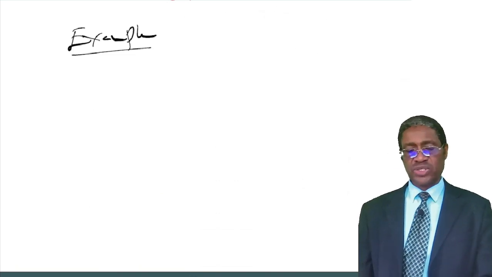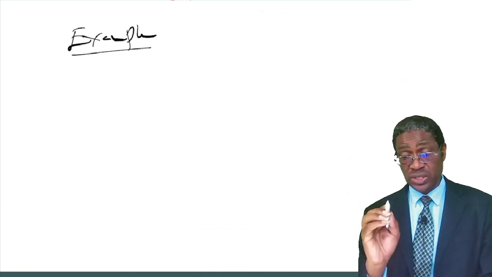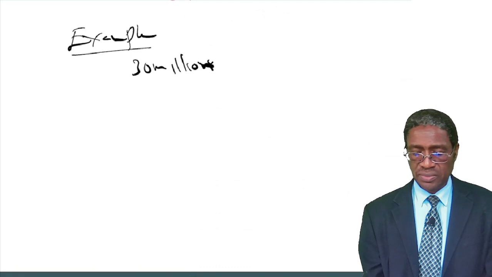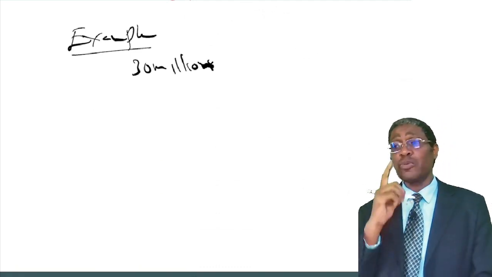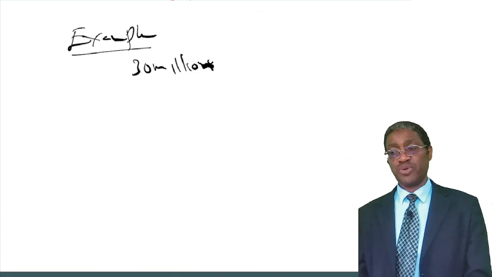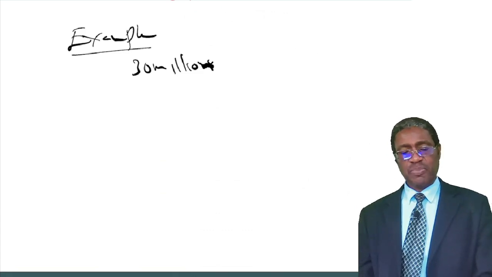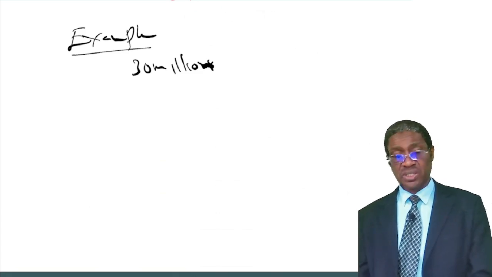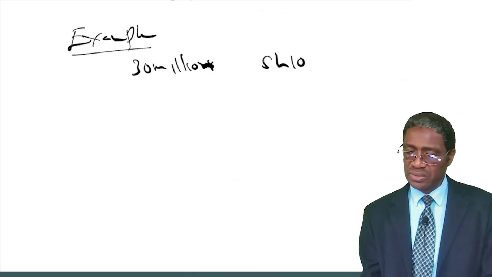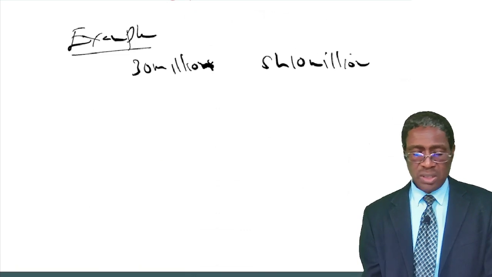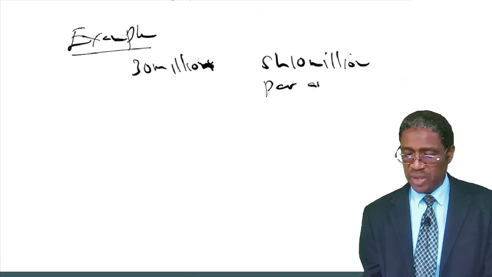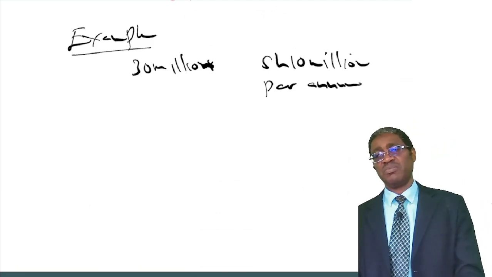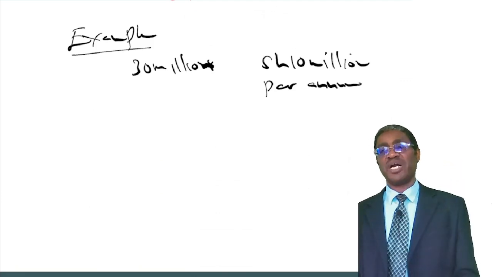If a project costs shillings 30 million, and the project promises a cash inflow of shillings 10 million per annum, calculate the payback period.